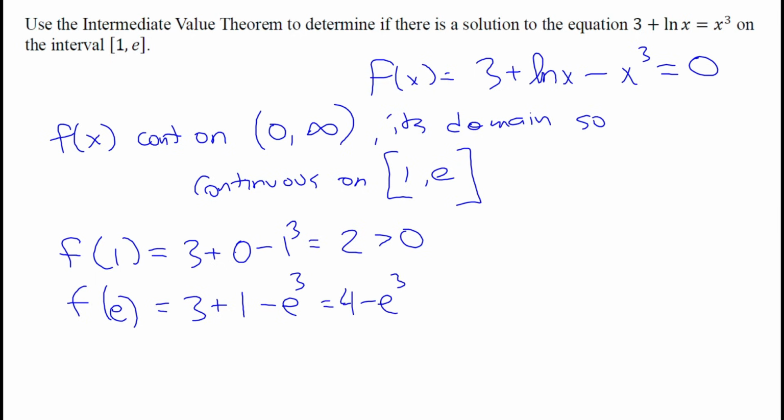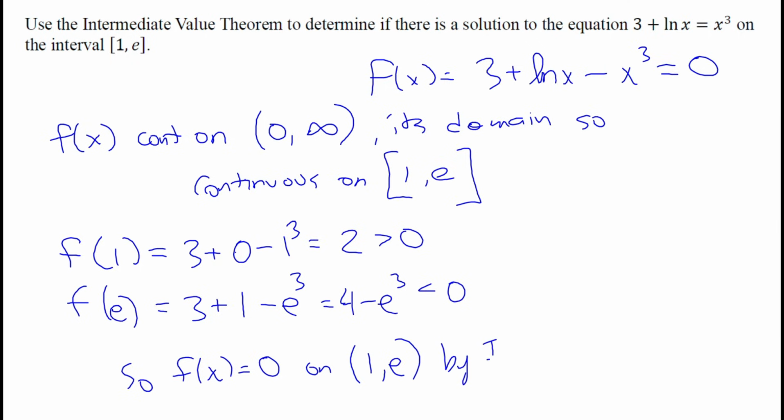Well, we know that e is more than 2, and 2 cubed is already 8, so that's clearly going to be a negative number. And so f of x equals 0 on the interval 1 to e by the intermediate value theorem, which indicates that 3 plus ln x equals x cubed on the interval from 1 to e.